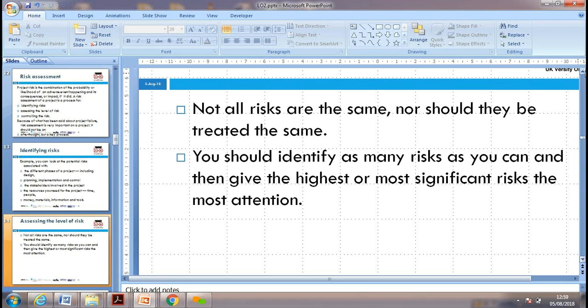So we need to think, in terms of a big project, there can be many risks. If we have clearly marked parking space lines, we can minimize the risk.